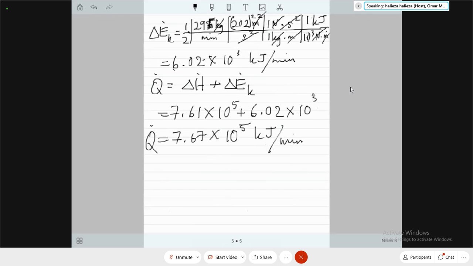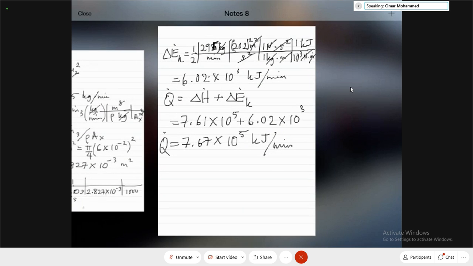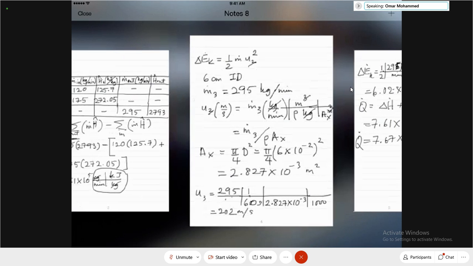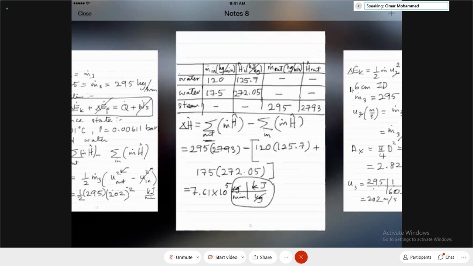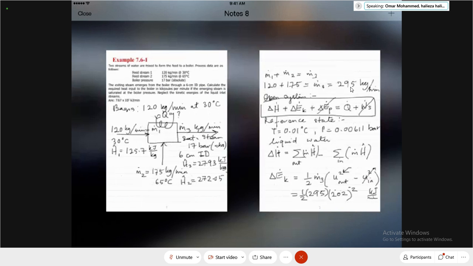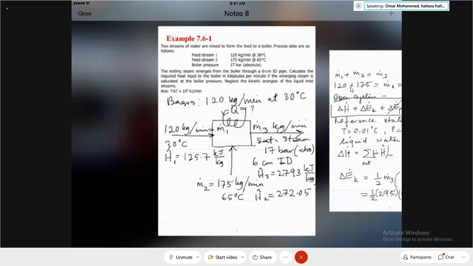Omar, okay. At the beginning, for the enthalpies, for the two stream inlet, we have 30 Celsius and 65 Celsius. So we make an assumption that it is saturation.